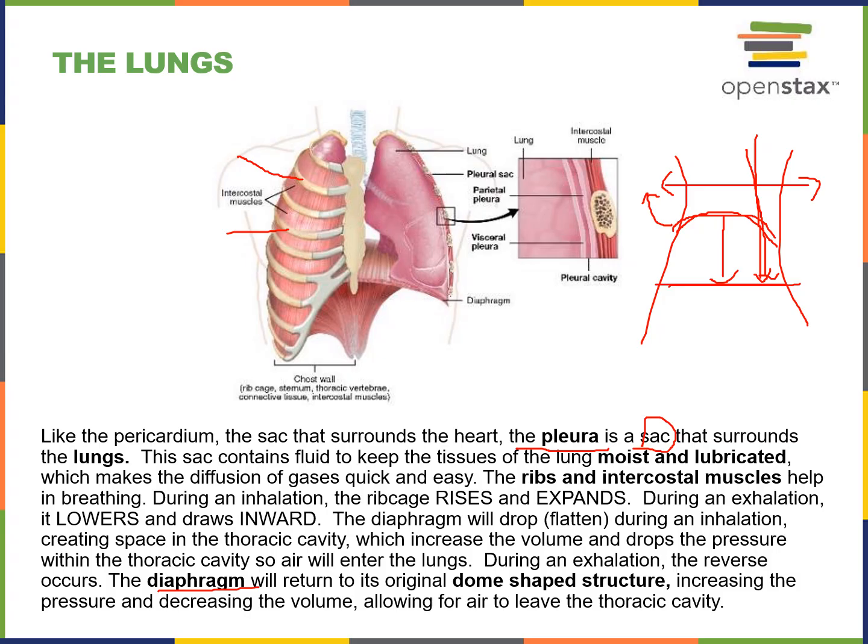When that happens, the volume of the thoracic cavity, or the volume of the lungs, increases. Volume increases. Air always moves from high pressure to low pressure. Now, when we're standing or sitting or wherever we are, there's air pressure on us.